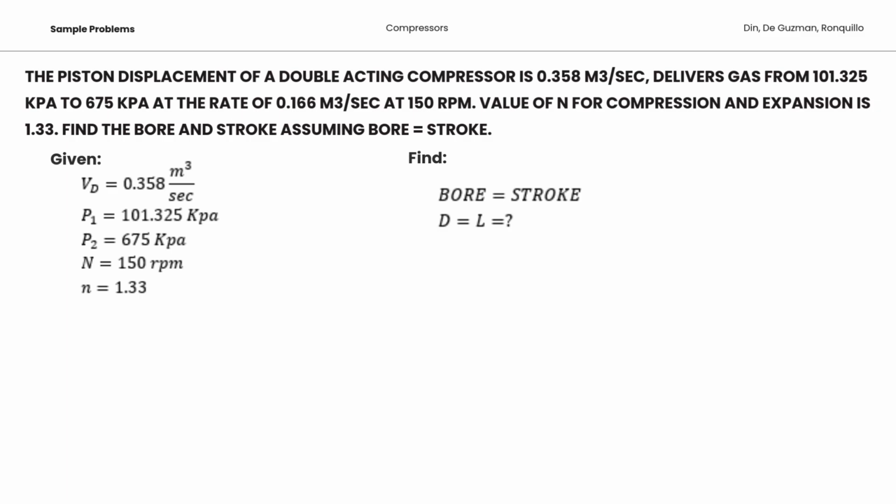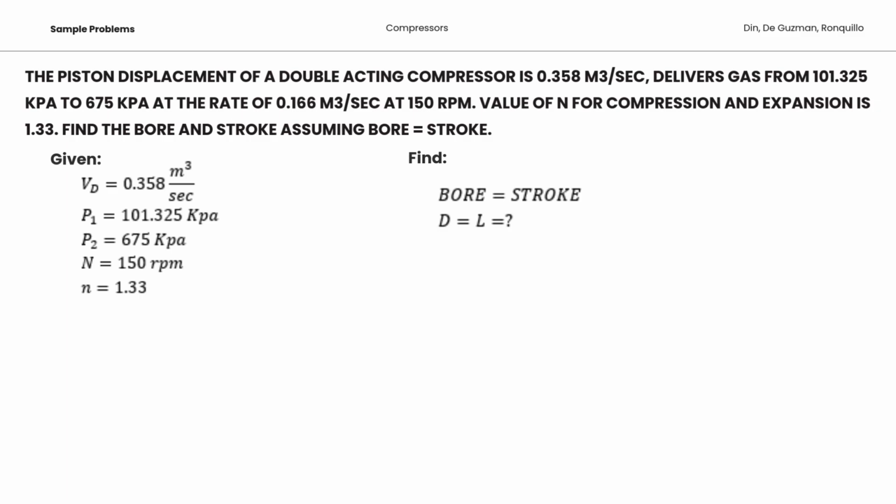So again, let's list down the given first. For the VD, piston displacement of a double acting compressor, which is 0.358 cubic meter per second. Then sabi, delivers gas from 101.325 kPa. So that is P1 to 675 kPa, which is P2.